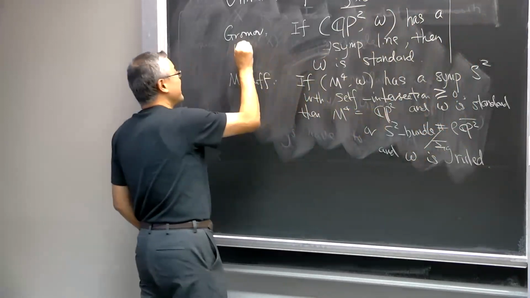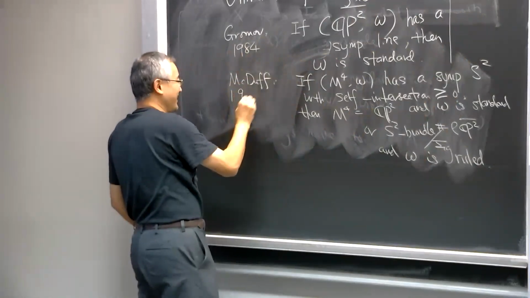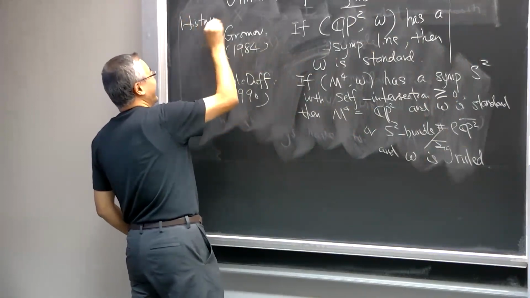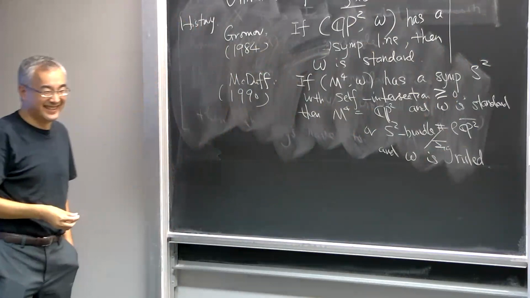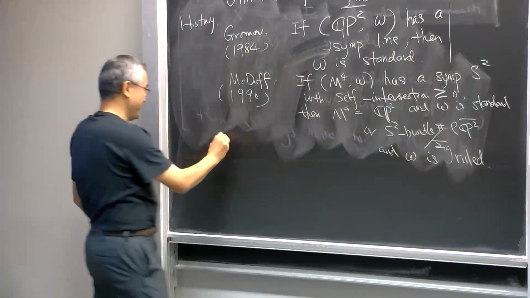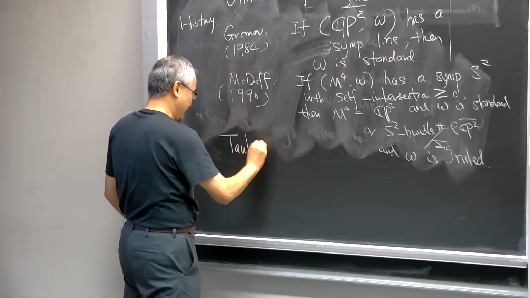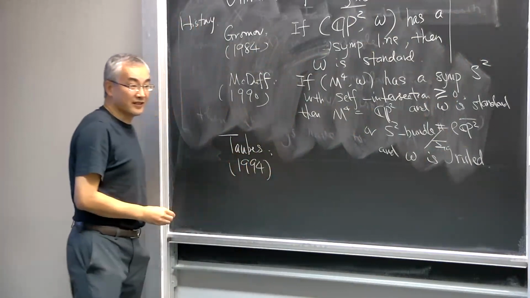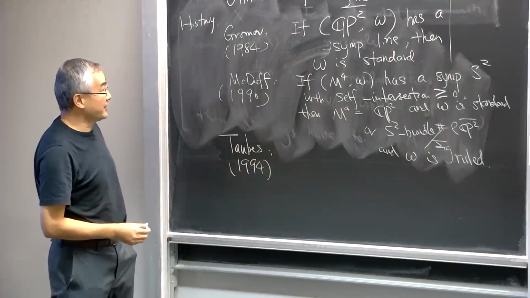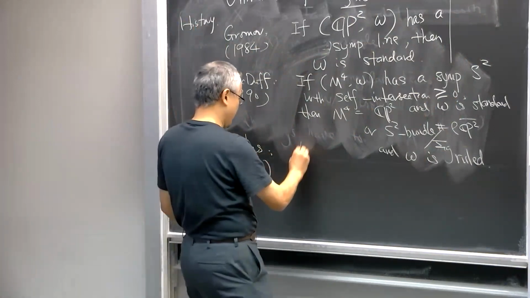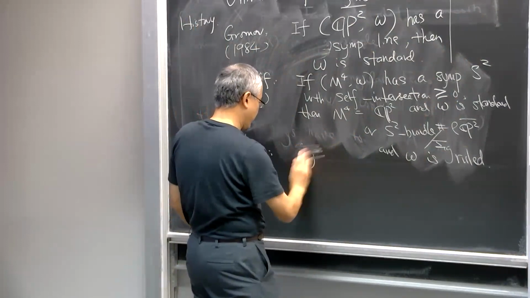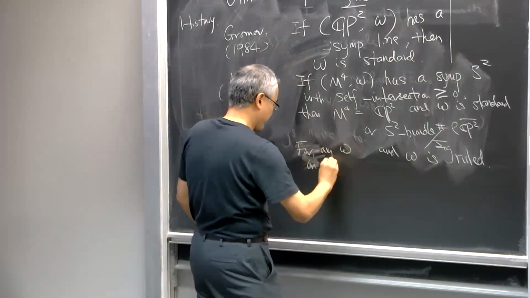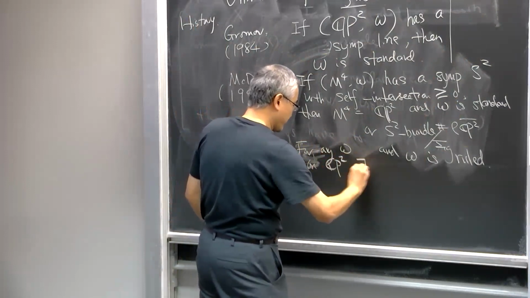It's a little bit of history. I'm going slow. It helps show that any omega on CP2 is standard.